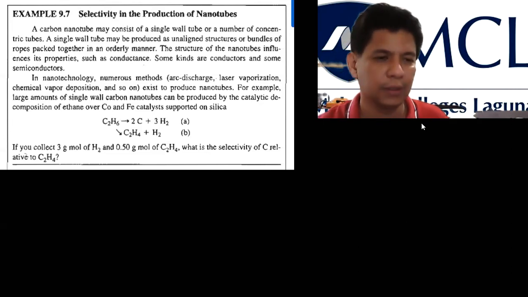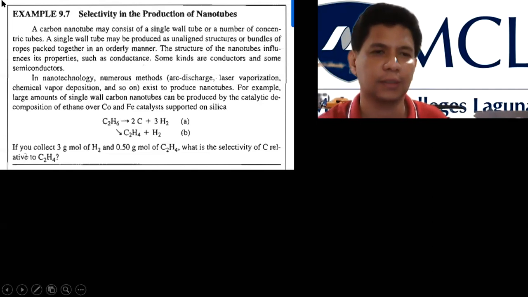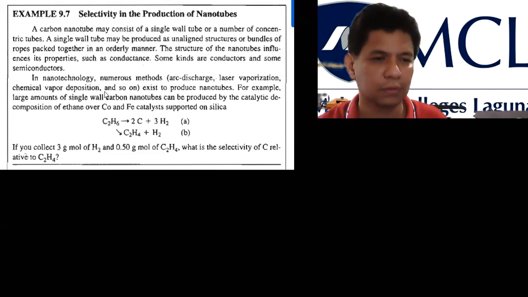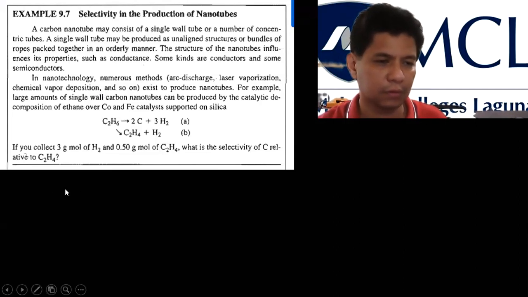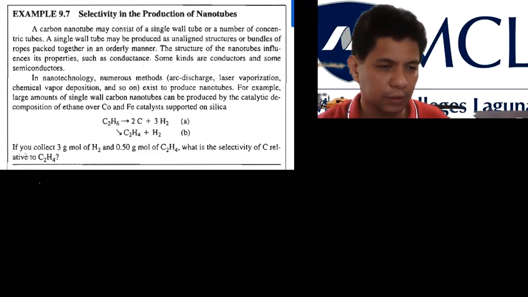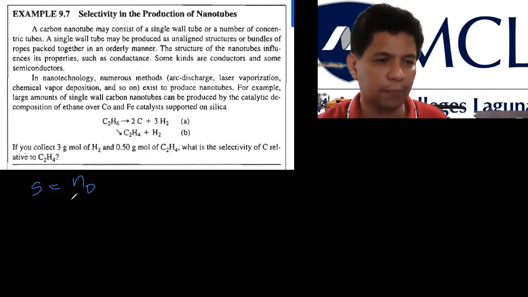So it's just S. Selectivity or S is number of moles of the desired product divided by number of moles of the undesired product.